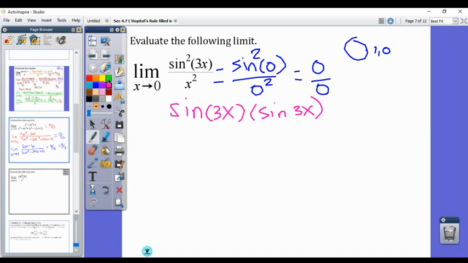And the derivative of my 3x is 3. So essentially this is going to turn into 3 cosine 3x. Okay, so remember for your product rule, you do the derivative times normal plus normal times the derivative, right? So we're going to end up with, in total, 3 cosine 3x times sine 3x.